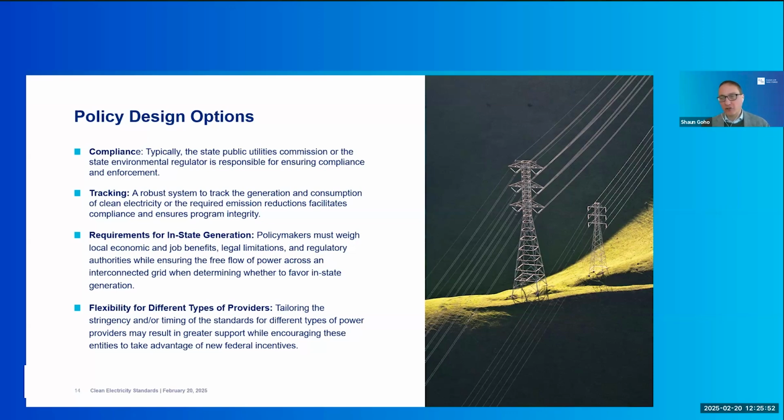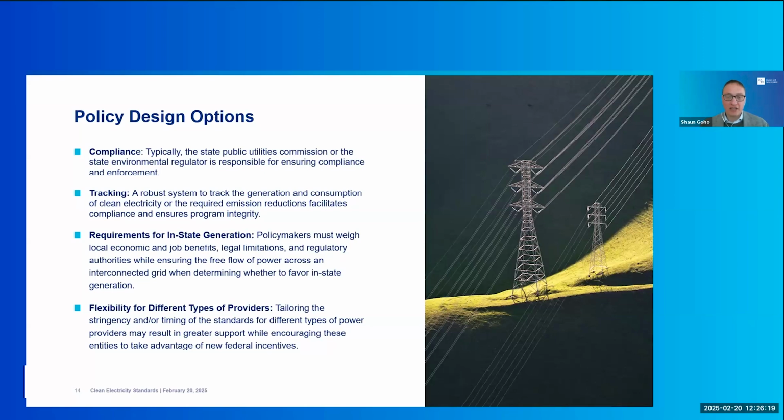That way you can ensure that the eligible electricity is in fact being supplied to the state. That helps ensure that you're seeing genuine benefits rather than just paper benefits. That, of course, does not necessarily bring the same in-state economic or job benefits that you would see from a pure in-state requirement. And then the last topic on this slide is the flexibility for different types of providers.